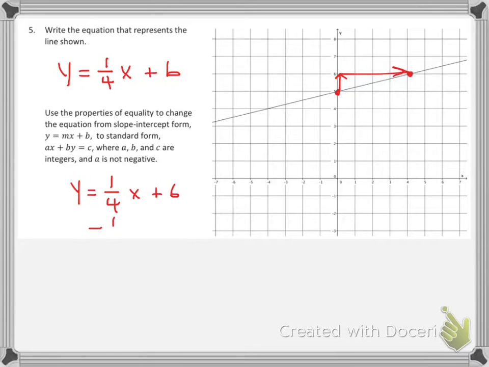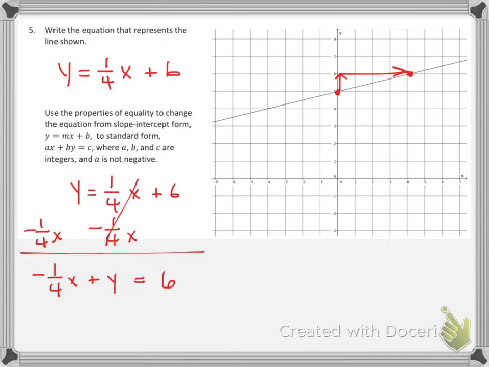And I'm going to subtract 1/4 x from both sides so that I can put this in standard form. Negative 1/4 x plus y is equal to 6. Multiply through by a negative 1, and we'll get our standard form. 1/4 x minus y equals negative 6. And that's standard form.